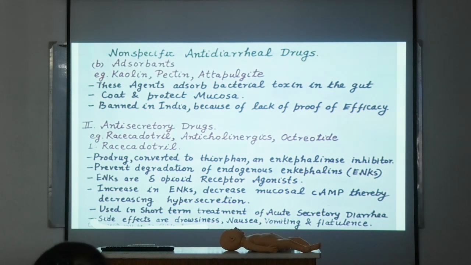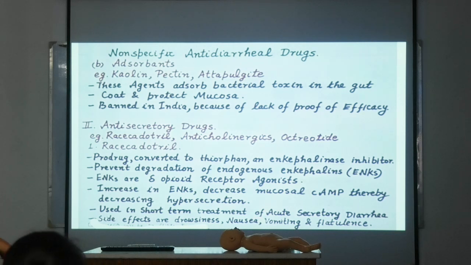That is the mechanism. Enkephalinase enzyme is inhibited. Normal endogenous enkephalins are increased, which stimulates opioid receptors and reduce secretion of water. আর মাঝখানে একটা স্টেপ আছে, মিউকোজাল সাইক্লিক এএমপি কে রিডিউস করে, reduce secretion of water.